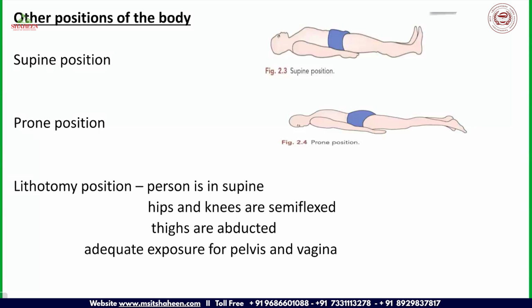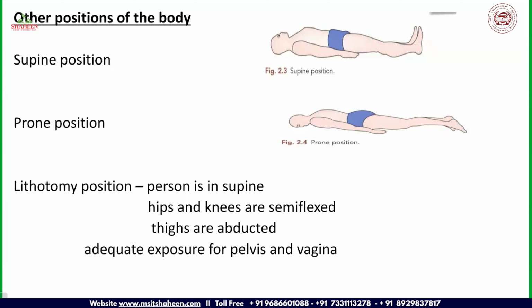And the lithotomy position. Which speciality commonly uses the lithotomy position? Any idea? Gynecology. Surgeons, and also commonly used by gynecology for normal labor.